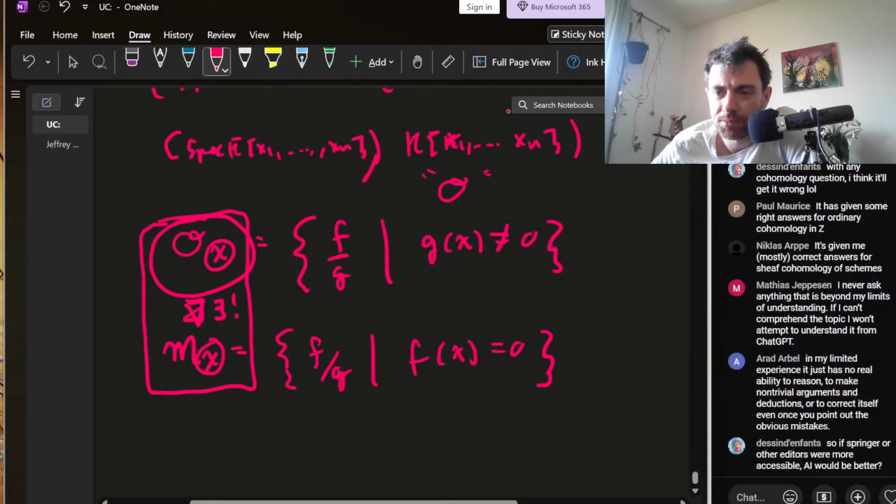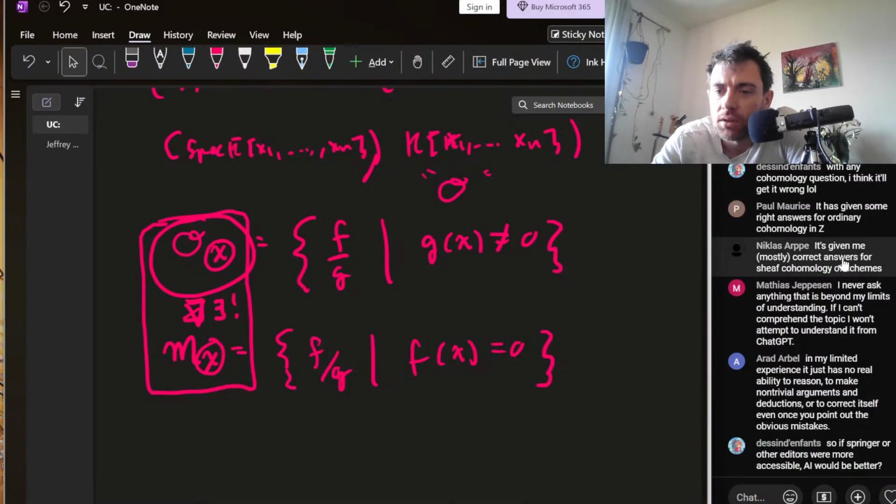It has given Nicholas mostly correct answers for sheaf cohomology of schemes. That's interesting. For like proofs or for computations? You never ask anything that's beyond your limits of understanding. If you can't comprehend the topic, you won't attempt to understand it from ChatGPT. Well, that's good.